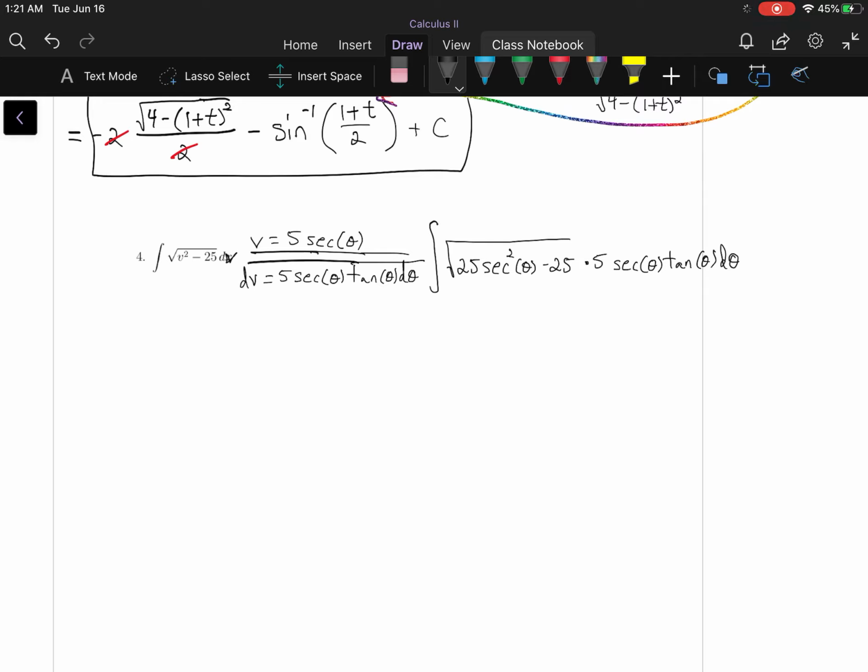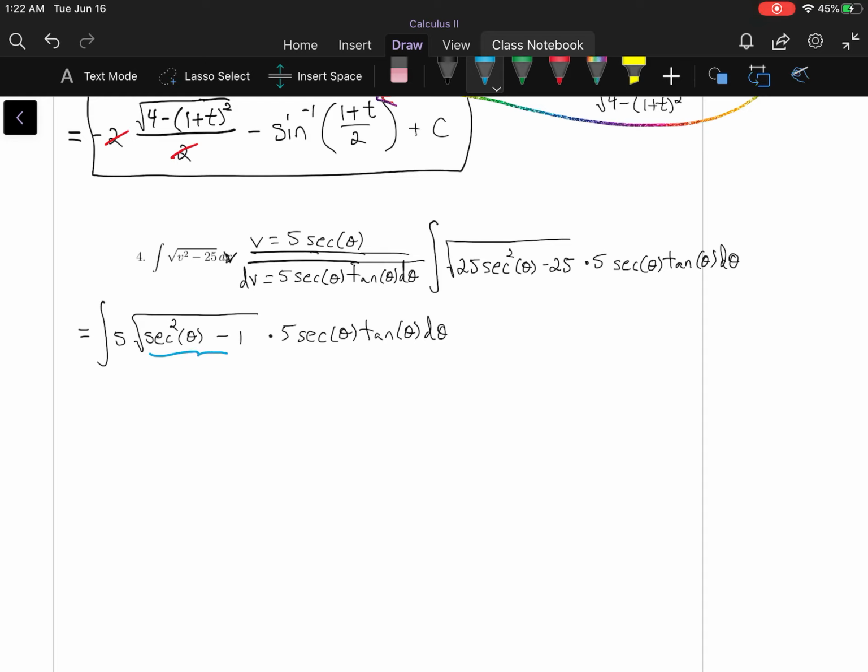And now we start simplifying. So I'm going to factor out that 25 from the square root, which is going to become a 5. This is the square root of secant squared minus 1 times the 5 secant theta tan theta d theta.